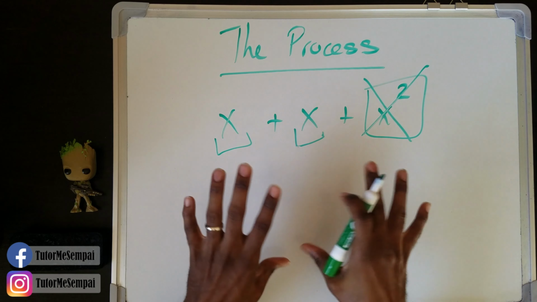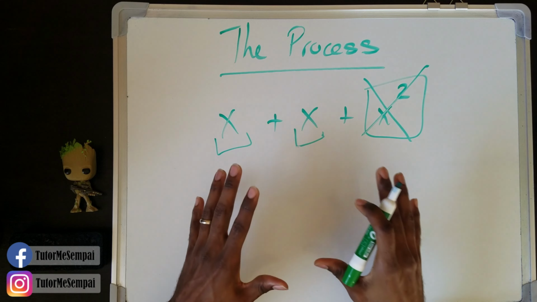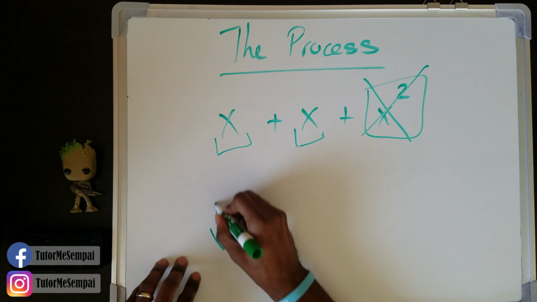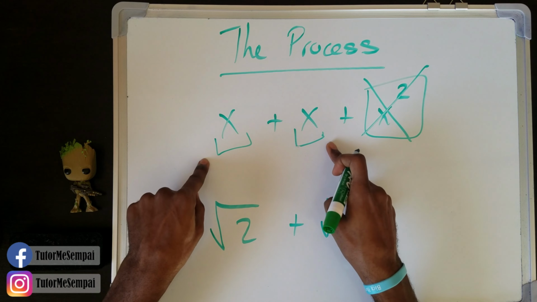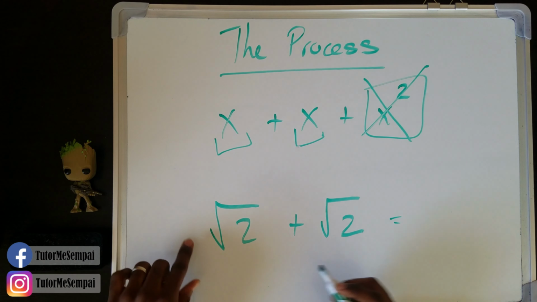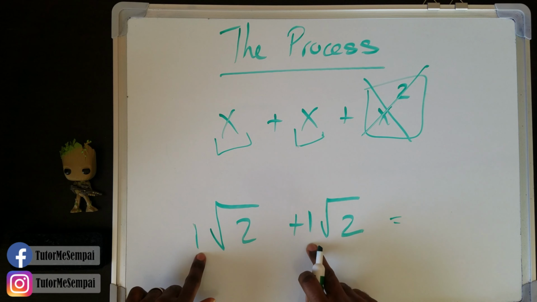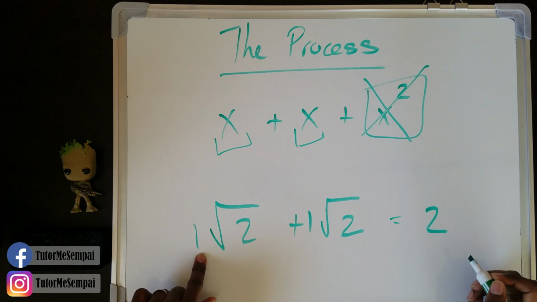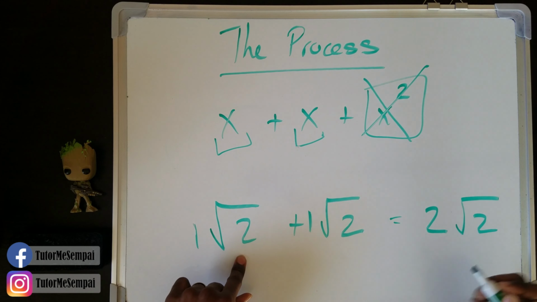Adding like terms or combining, because you can add or subtract, is going to be the same process you're using for your radicals. So if you have something like this, you're going to combine it just like you would your x's. So this is going to be, well, an understood one up front of both of these. So you add the coefficients. You add the coefficients and then you write the radical as it is.